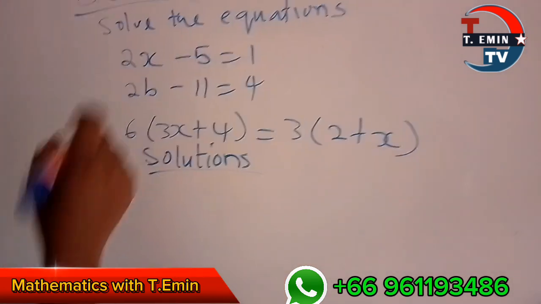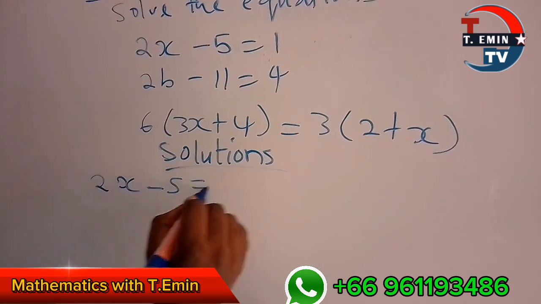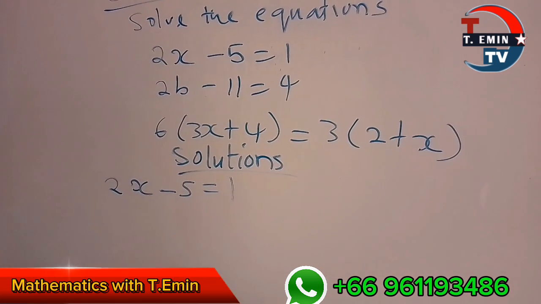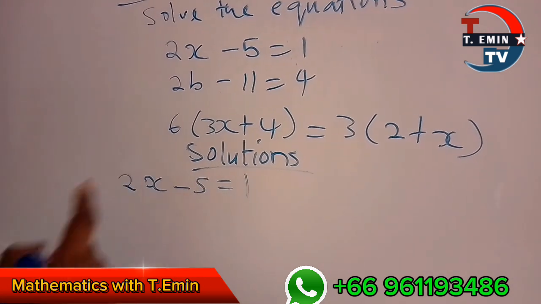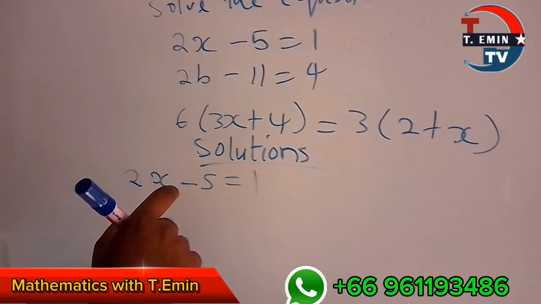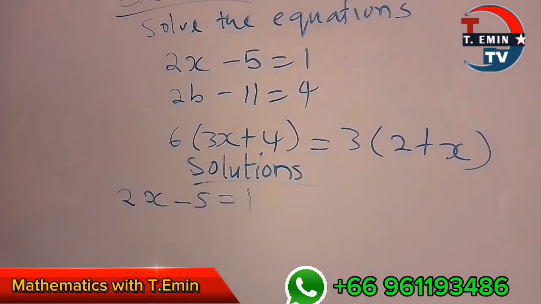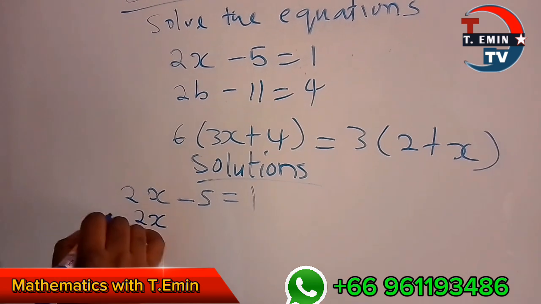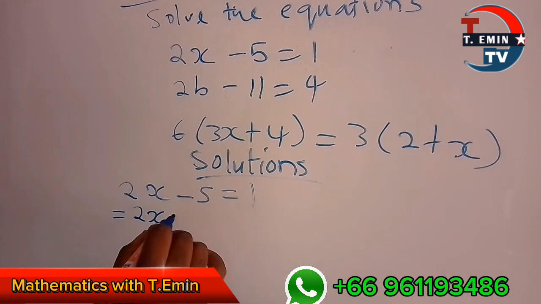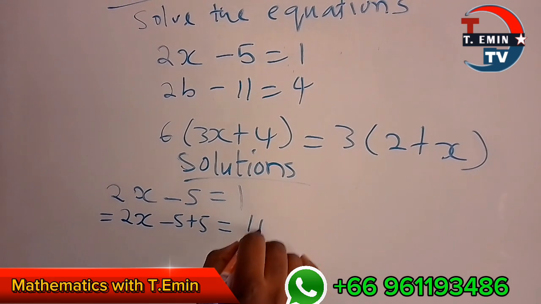Number 1 is 2x take away 5 equal 1. What we are doing at the beginning of it is we are adding 5 on both sides. Why? Because this 5 here is negative. So if I add 5 on both sides, I'm going to get negative 5 plus 5 equal to 1 plus 5.